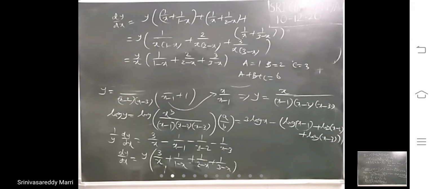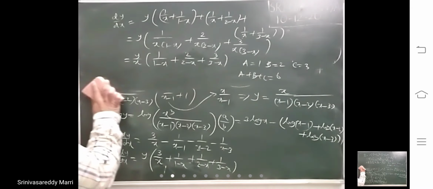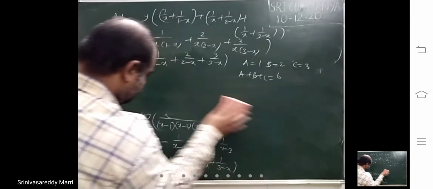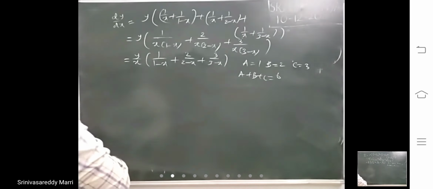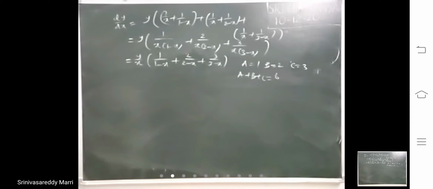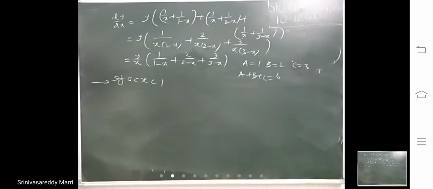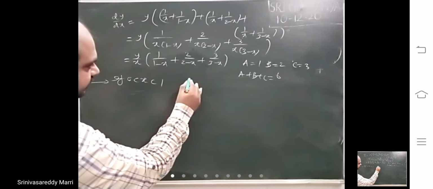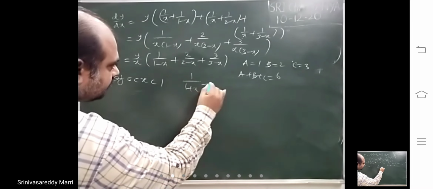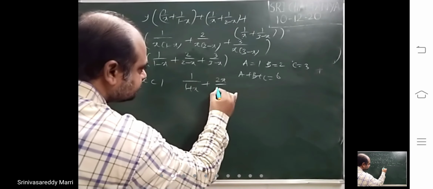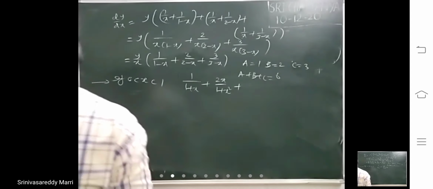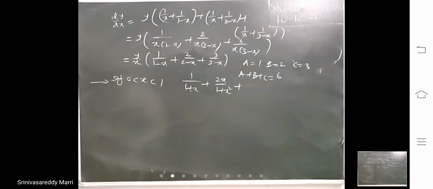Look at next. If 0 less than x less than 1, 1 by 1 plus x, 2x by 1 plus x square plus.